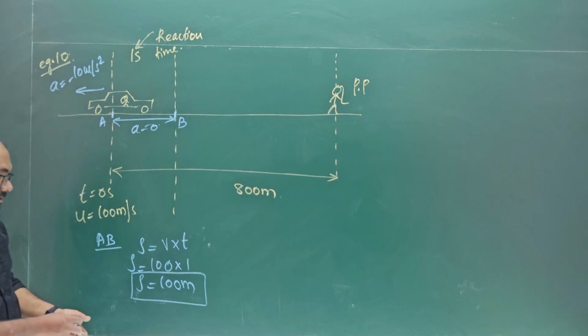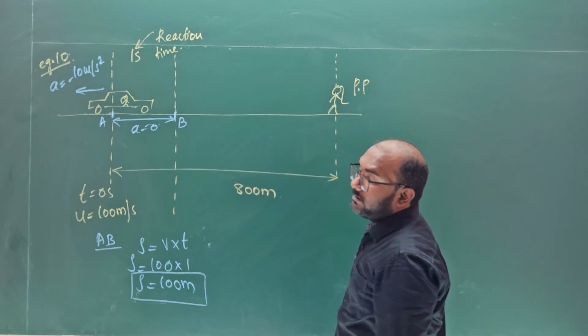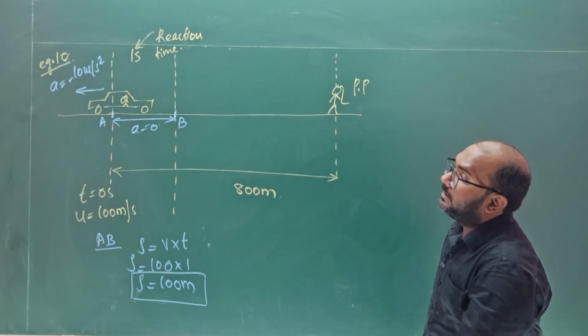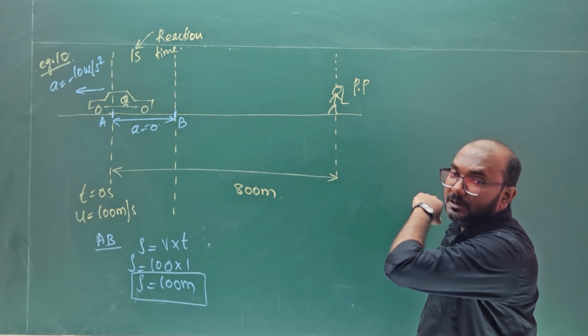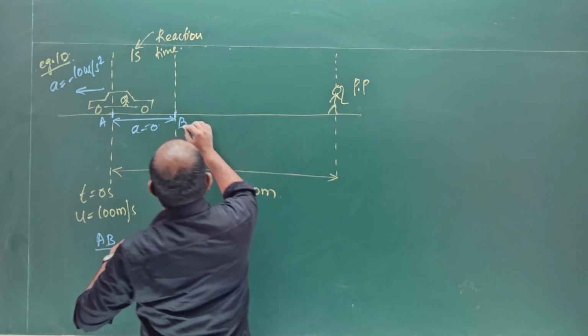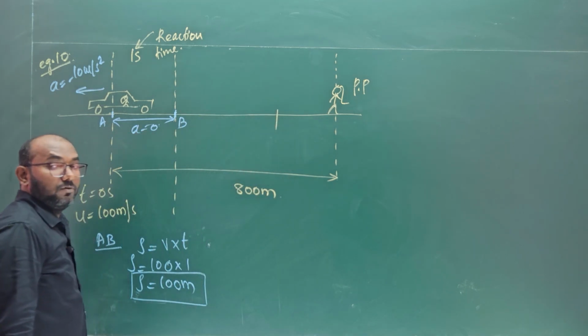After 100 meter, she put what? Braking. Once the braking started, and the braking limit is given, acceleration is equal to 10 meter per square second. So from B to, let's say, where the body stopped here, we don't know.